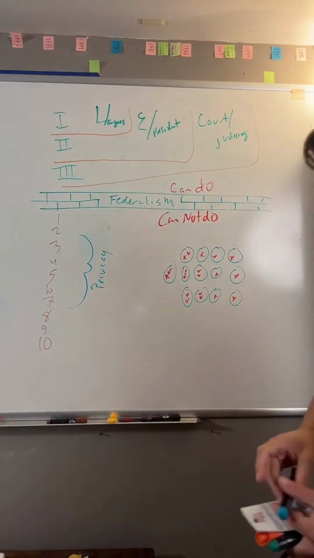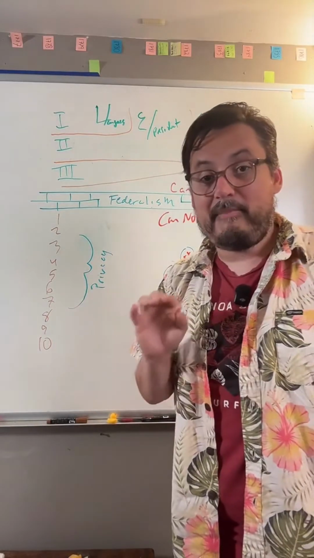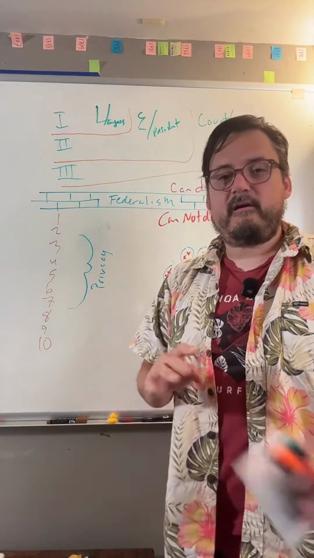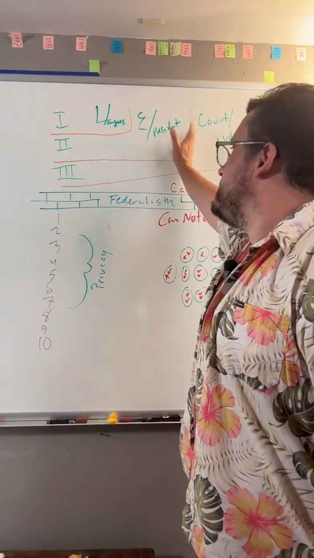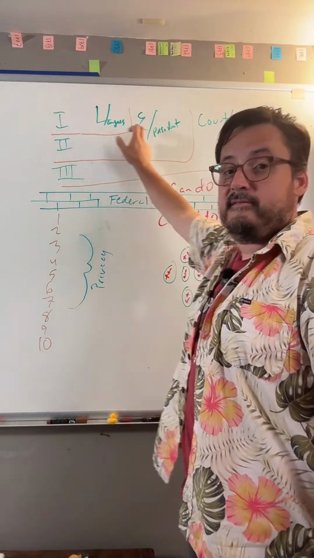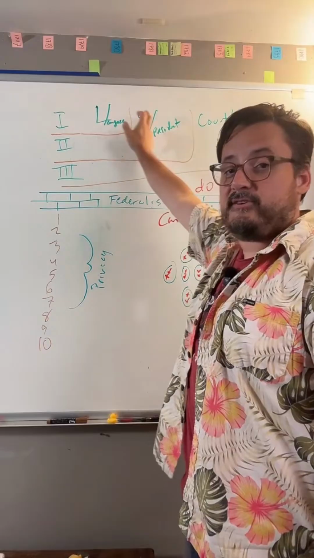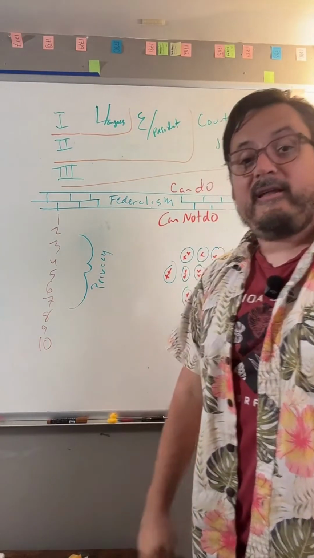Now let's talk for 1 second about, we're going to hit the 14th in a minute, but first I just want to tell you about Article 3 real fast. Because Article 3 screws up my lovely, it would be really nice if Article 1 stuck to the legislature, Article 2 stuck to the executive, and Article 3 stuck to the judiciary.